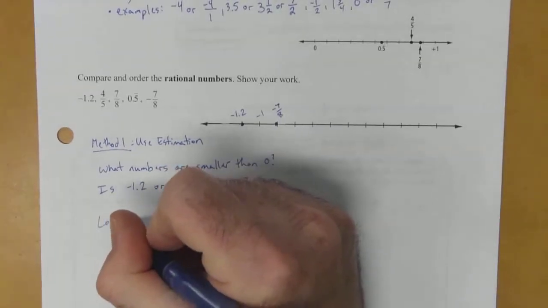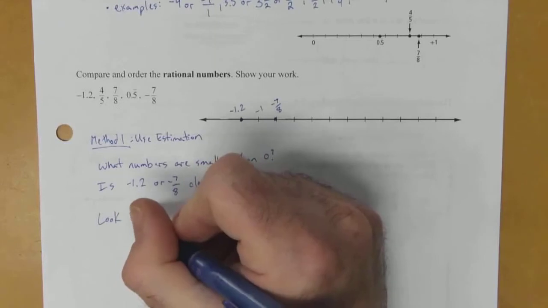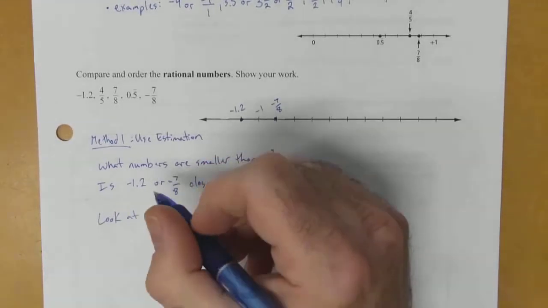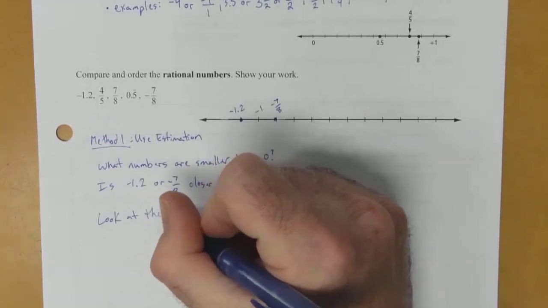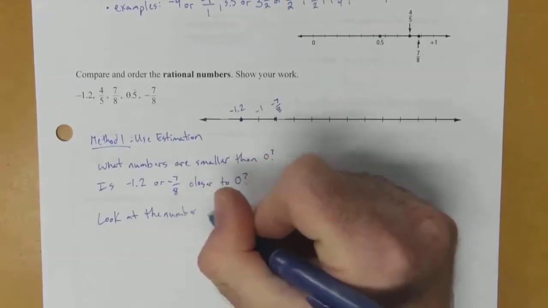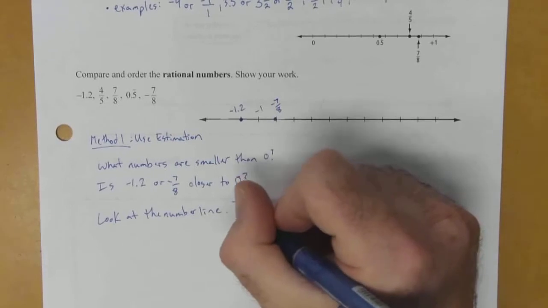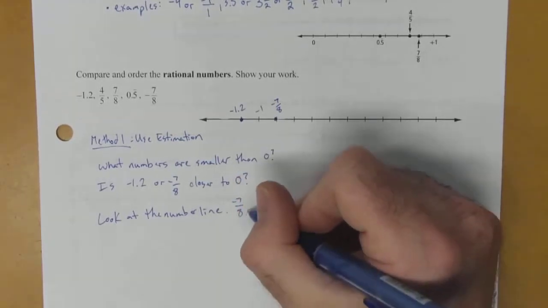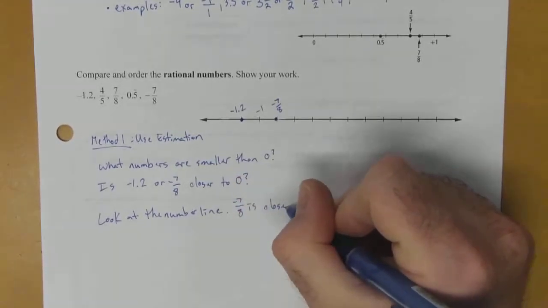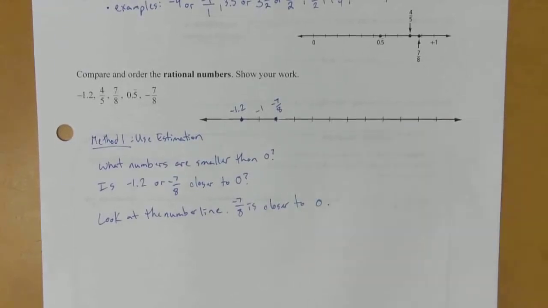Now, we can look at the positive numbers. I've already said that 7/8 is closer to 0.